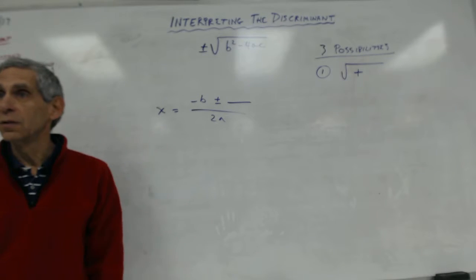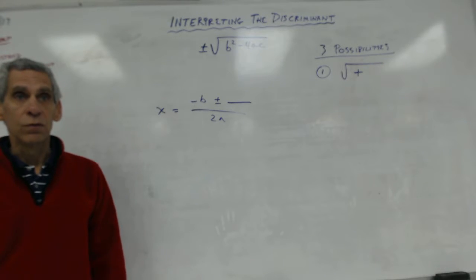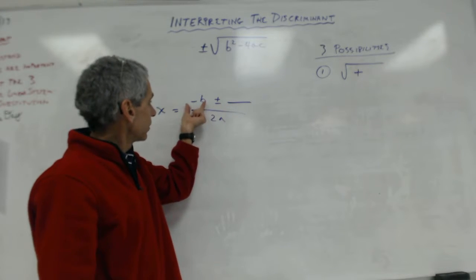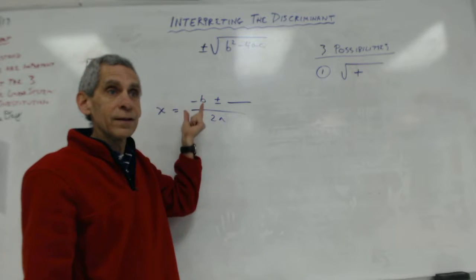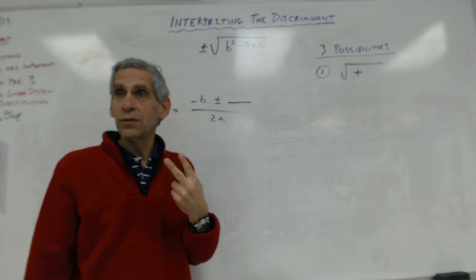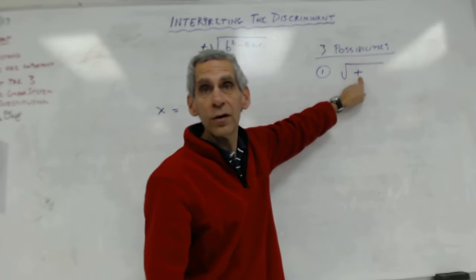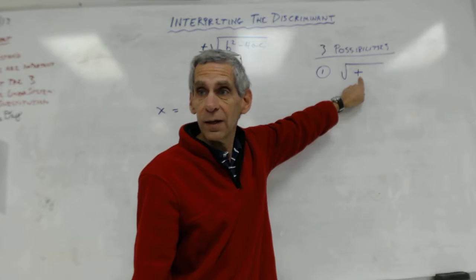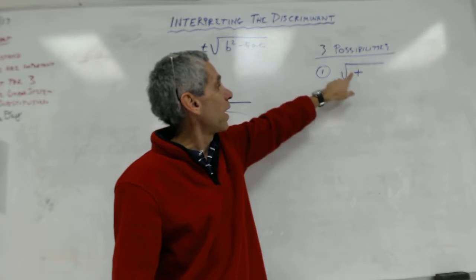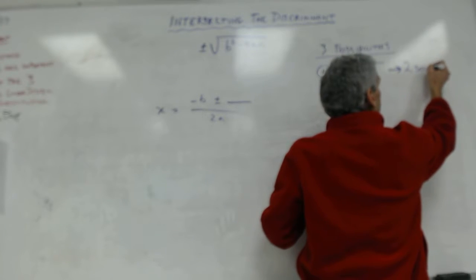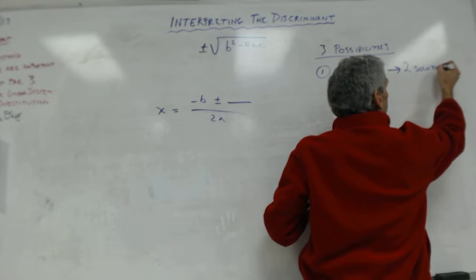How many answers? Two. So when the discriminant is positive, there are always going to be two solutions. Does that make sense?